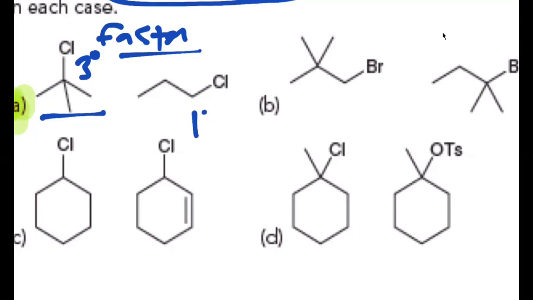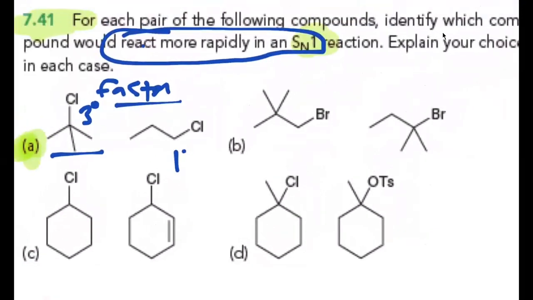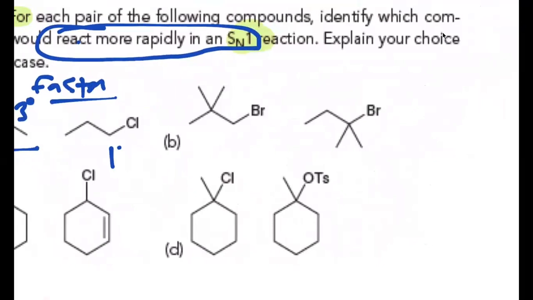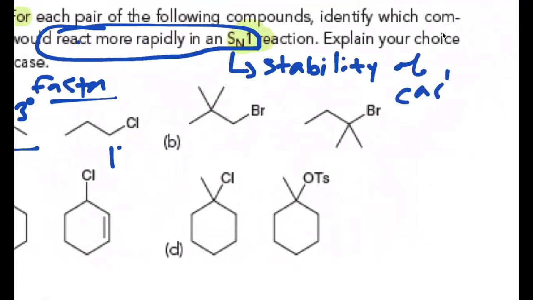Let's think about that. For SN1, it's not really about accessibility, it's about stability. That's the guiding thought: stability of the carbocation. That's what you're thinking about in all of these examples, because the question asks which one will be faster for SN1.